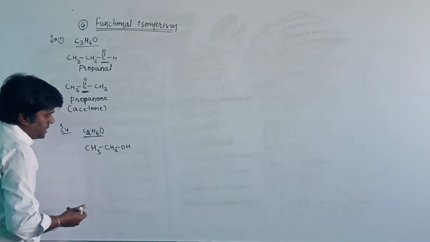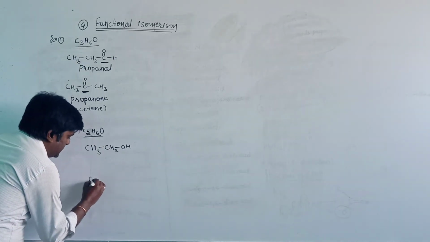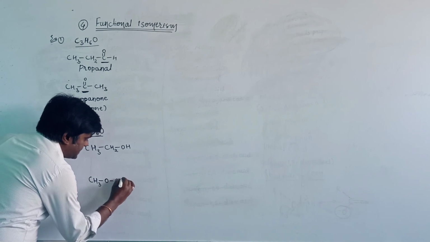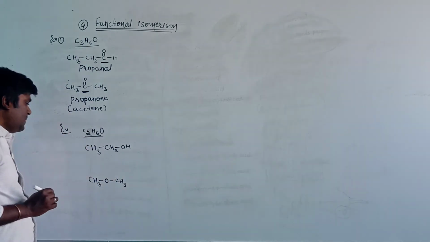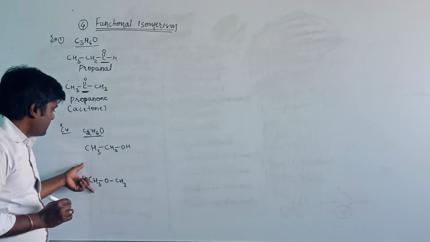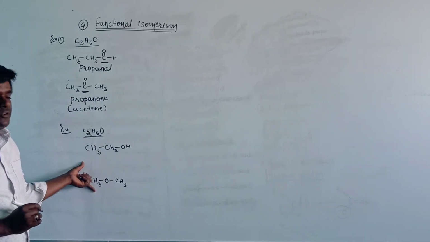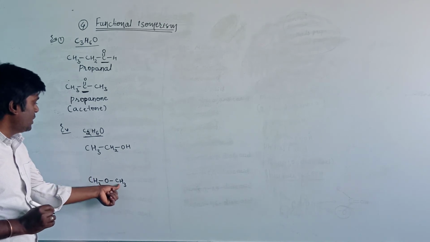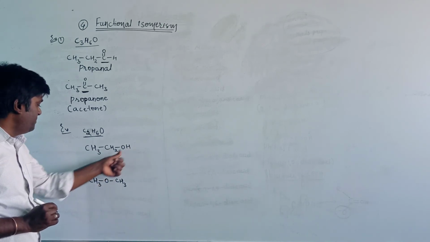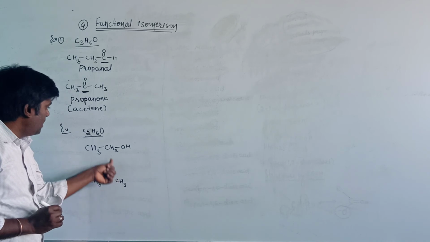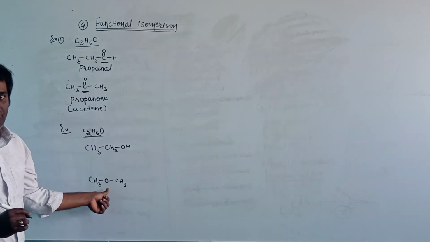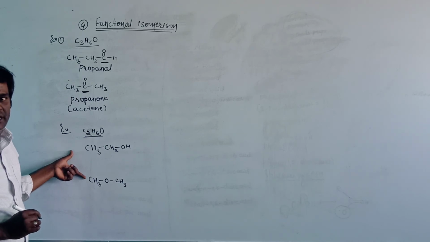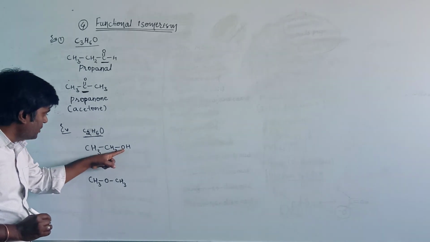It can be represented in another way, that is CH3OCH3. Here, both compounds have the same molecular formula: 2 carbon atoms, 6 hydrogen atoms, and 1 oxygen in each. Both have the same molecular formula but differ in the functional group.